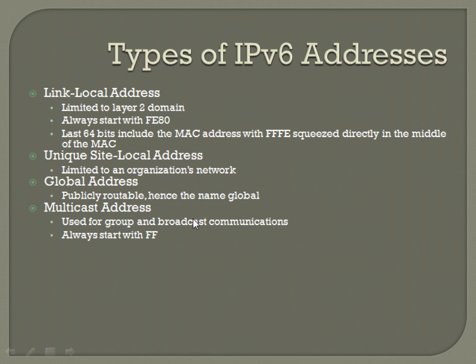So I don't think you're really going to get anything like that, but being able to memorize the difference between a link local, a unique site local, global, and multicast address is probably at least a good idea, even though I doubt you'll get tested heavily at all.